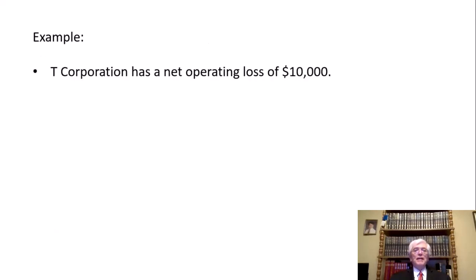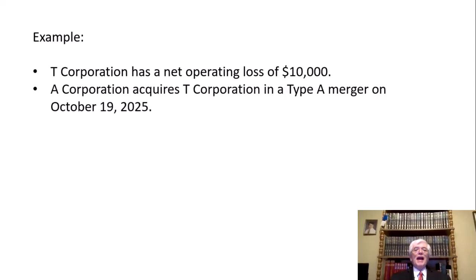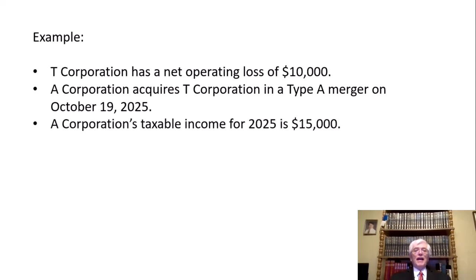So here's an example. B Corporation has a net operating loss of $10,000. A Corporation acquires T, so A is the acquirer, T is the target. Acquires T in a Type A merger on October 19th, 2025. A Corporation's taxable income in 2025 is $15,000.